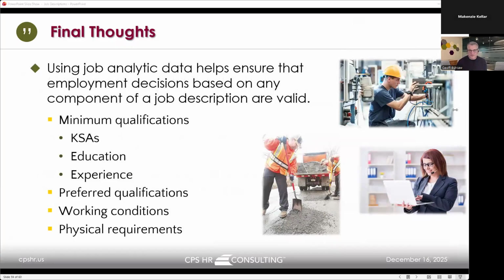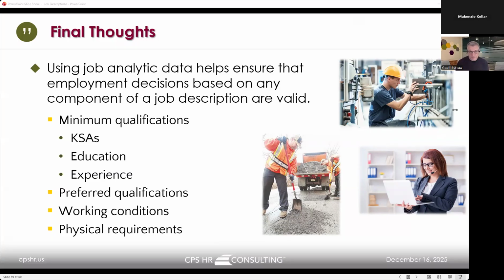The best reason for that is if you use that job analytic data, that's going to help ensure that any of those employment decisions that you're making based on your minimum qualifications or other qualifications in your job description are going to be valid, that they're going to be absolutely job related, that even things that are just the preferred qualifications are things that would lead to better job performance, and so you are justified in using those for your selection decisions.